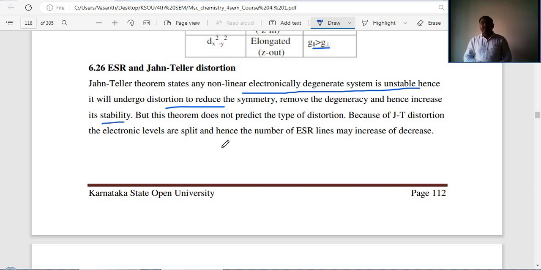But this theorem does not predict the type of distortion. Because of Jahn-Teller distortions, the electronic levels are split and hence the number of ESR lines may increase or decrease.